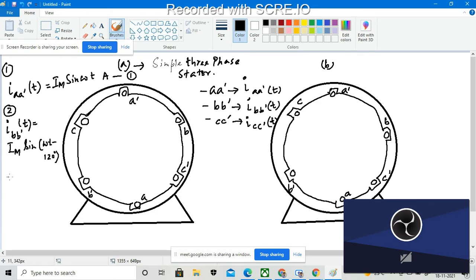Okay, so the number 3 current equation we will consider, that means i of C C dash at a certain instant of time, equals how much will it be, tell me, Im total magnetizing current sine of omega t minus how much will it be, tell me.